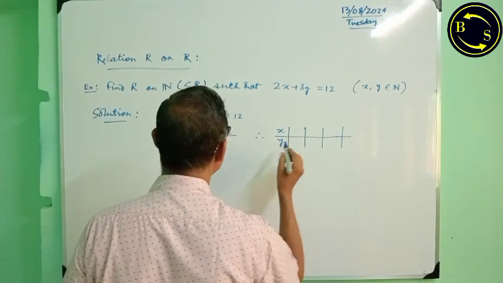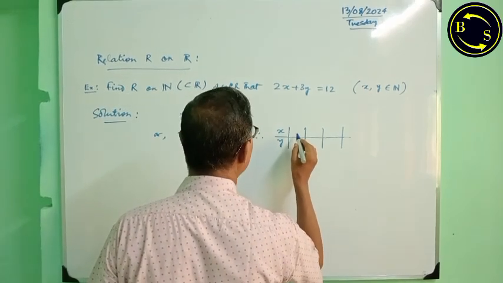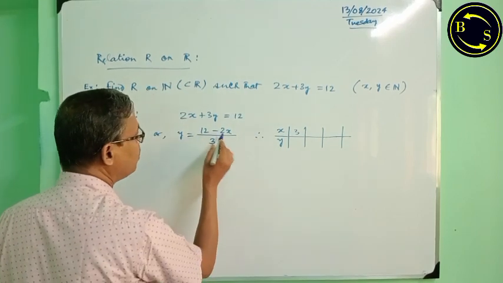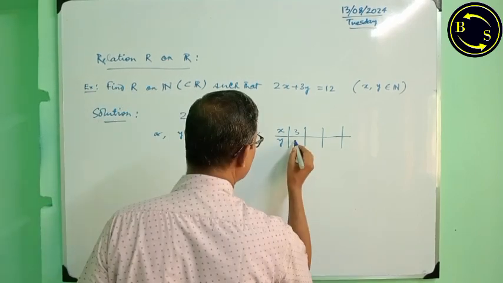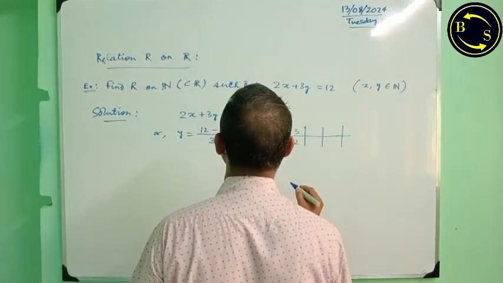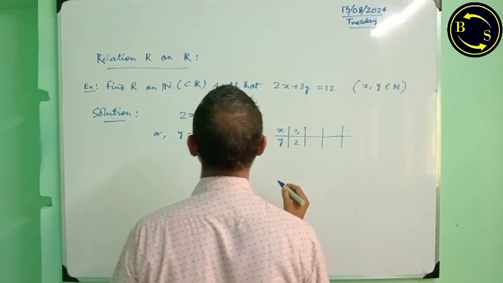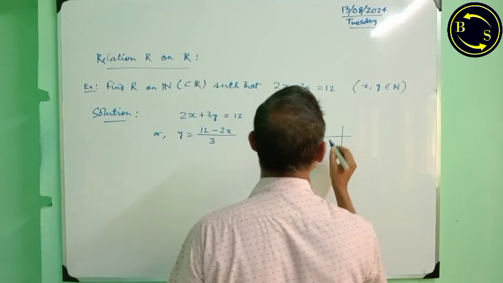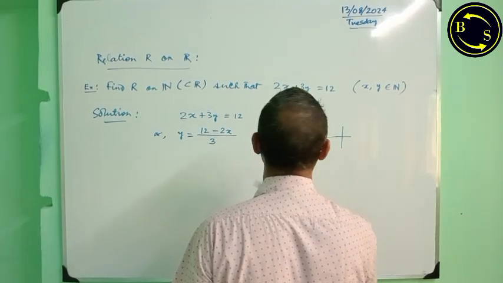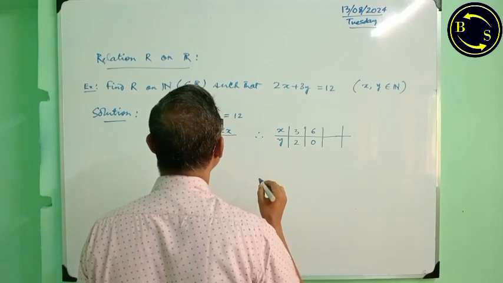Then x equal to 2, 3, 6, 12 minus 6 is 6, then 0.